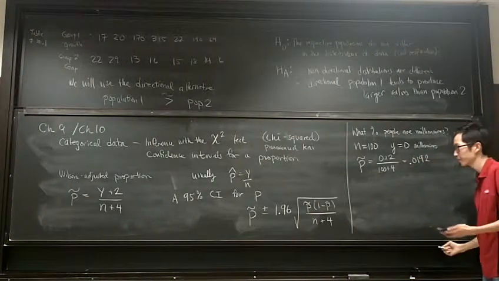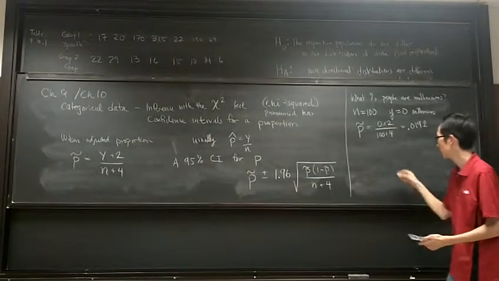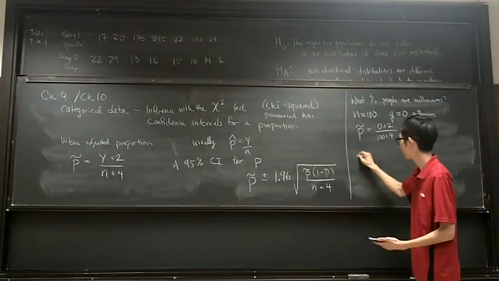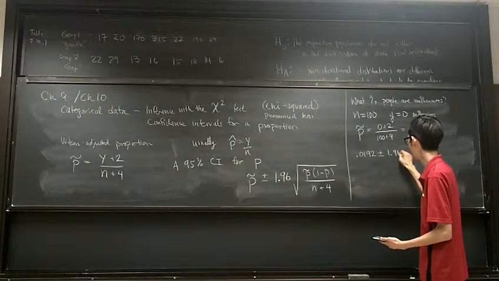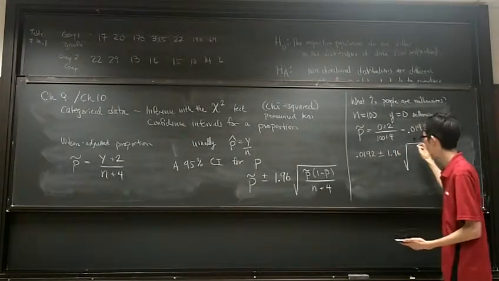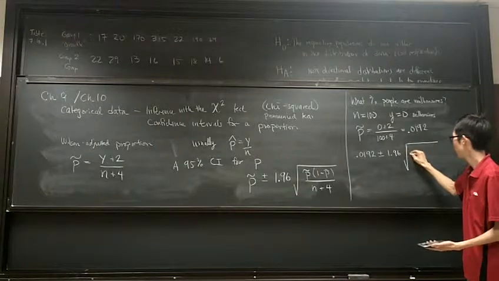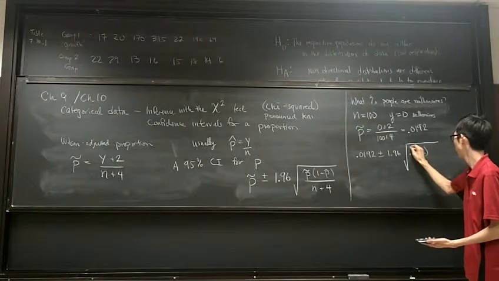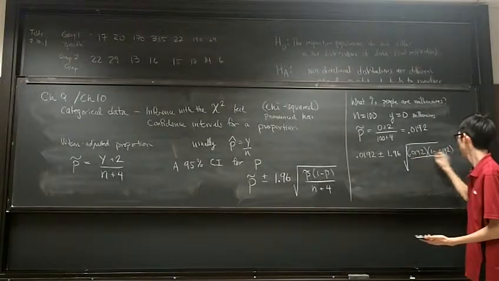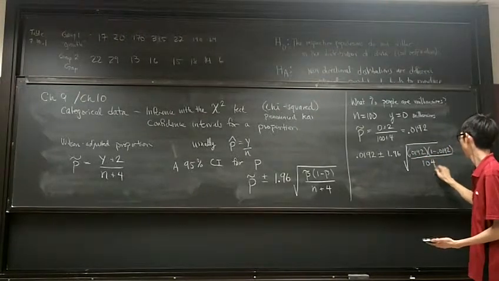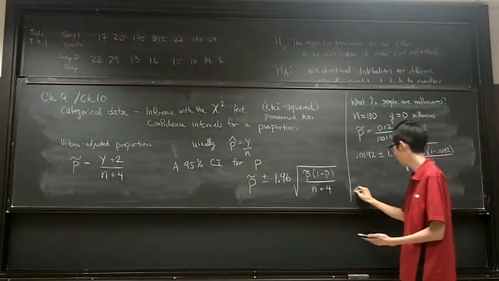So this is going to be 0.0192 plus or minus 1.96 times the square root of... 4.